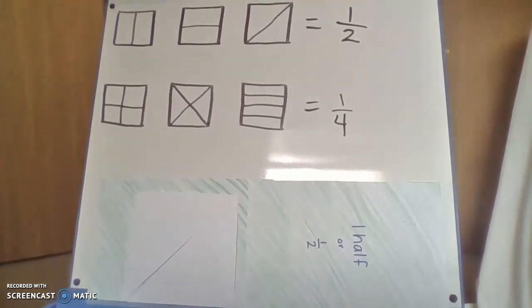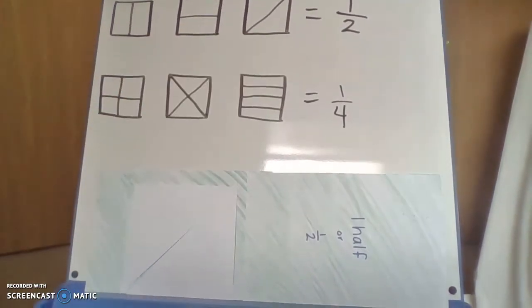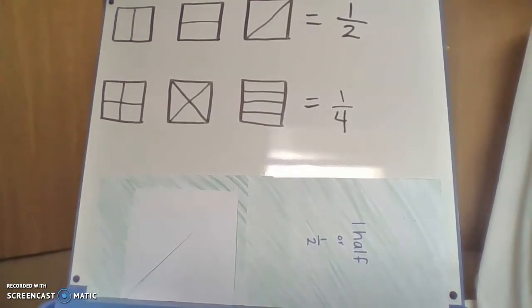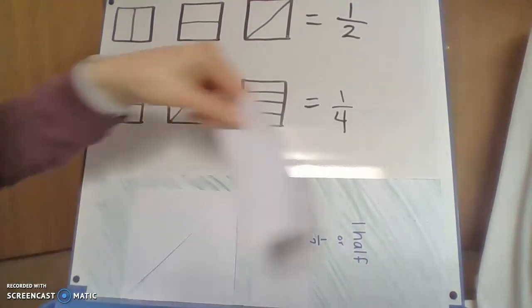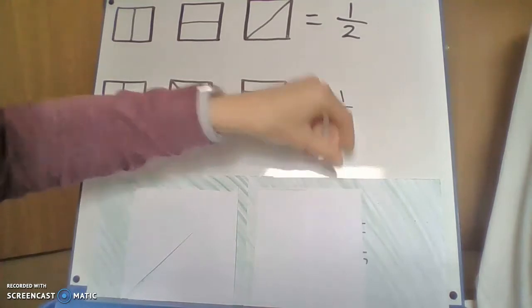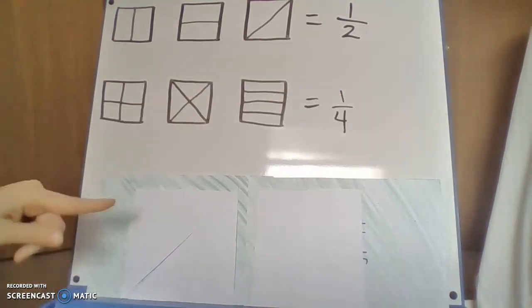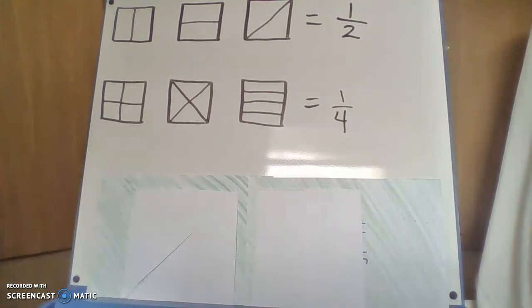Are they equal still though? Because if I'm looking at it, I'm not sure that I see equal parts. I'm not sure that that triangle and that rectangle is going to be the same amount. So that's what we're going to try to figure out now.